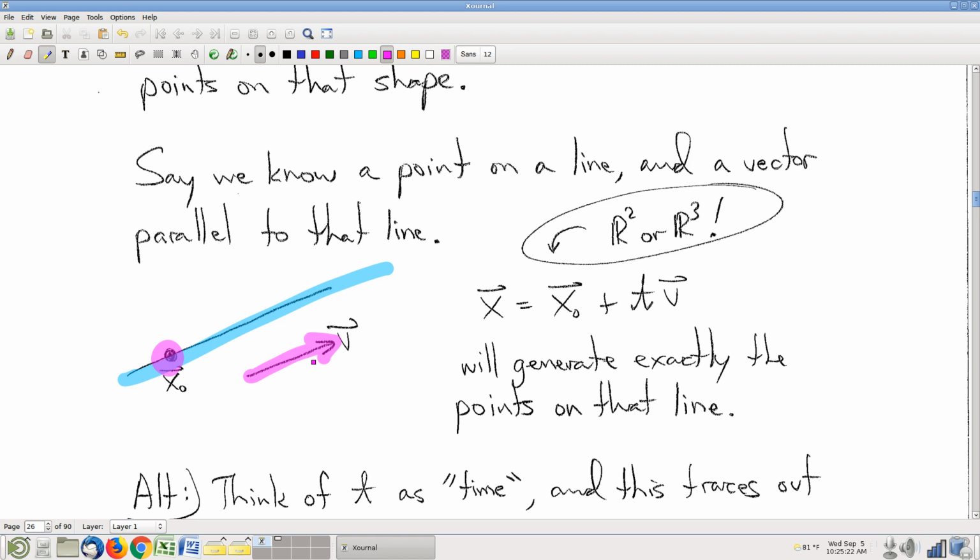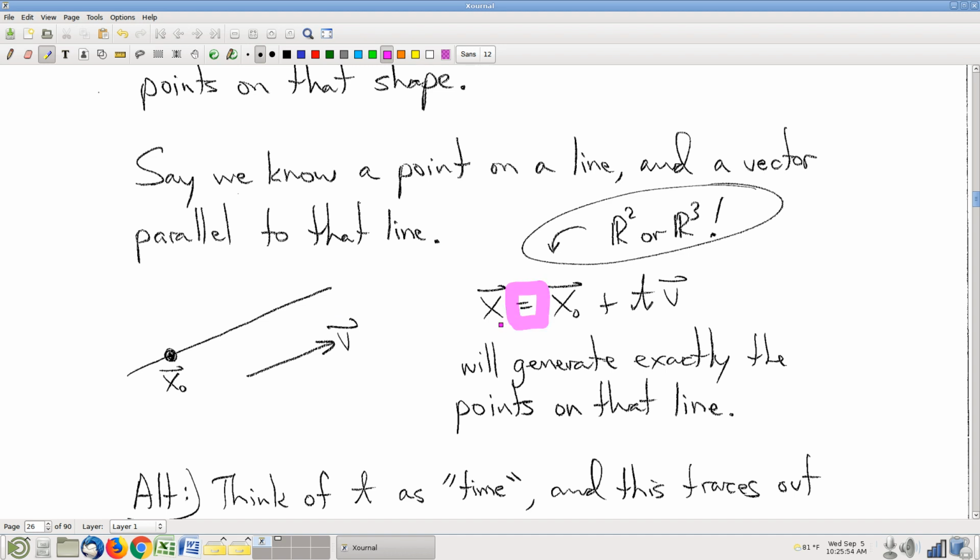So with that being said, let me observe that every point on the line has the feature that it can be viewed as x naught plus some multiple of the v vector.